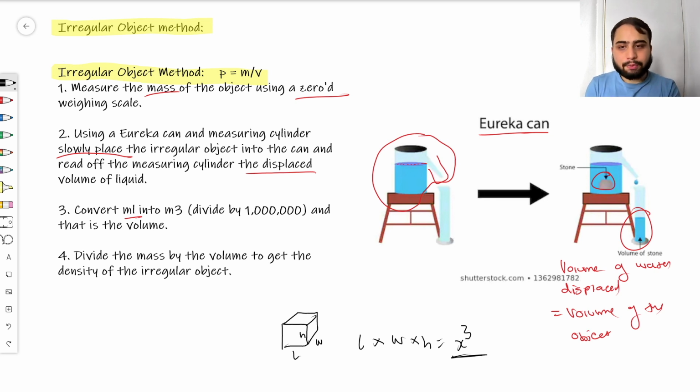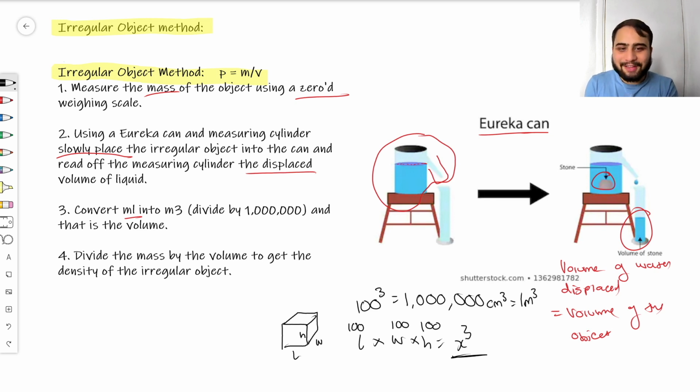So if we have one side which is, because we remember that 1 milliliter is equal to 1 centimeter cubed. To get a meter on one side, we have to use 100. And then to get meters on another side, we have to get 100 as well. To get meters on another side, we do 100 times 100 times 100, which is 100 cubed, and that ends up being 1 million centimeters cubed is 1 meter cubed.